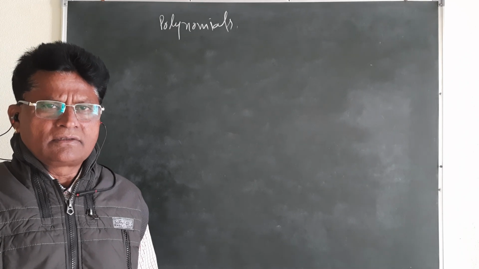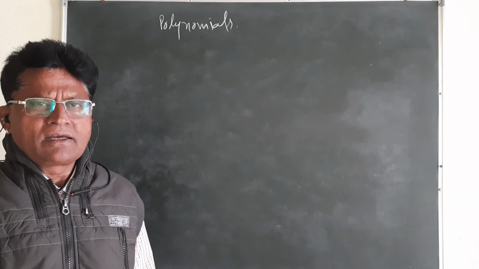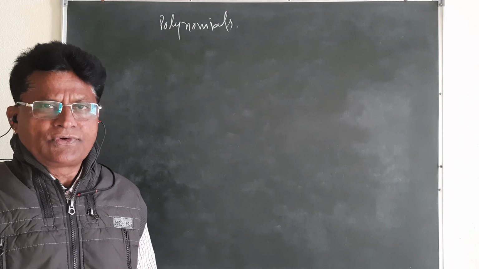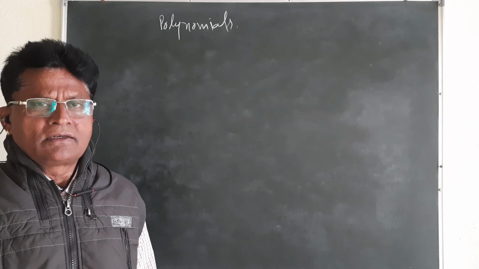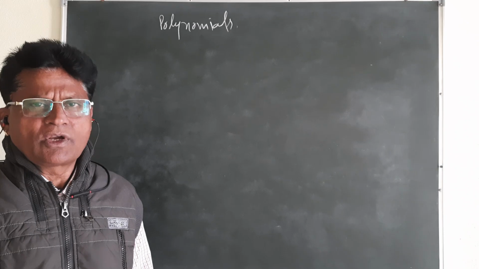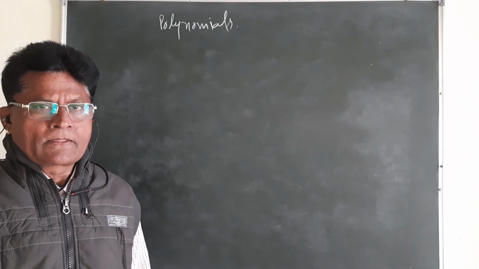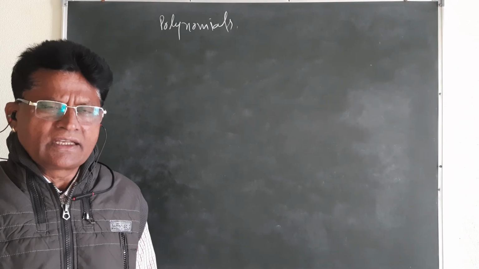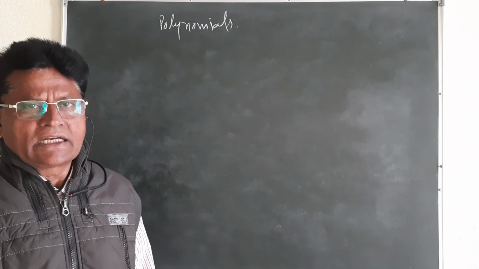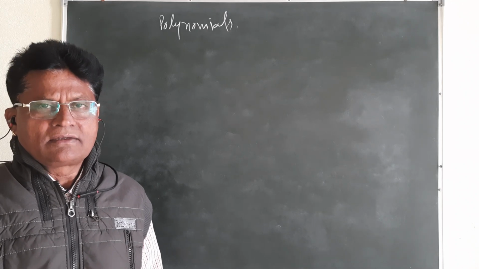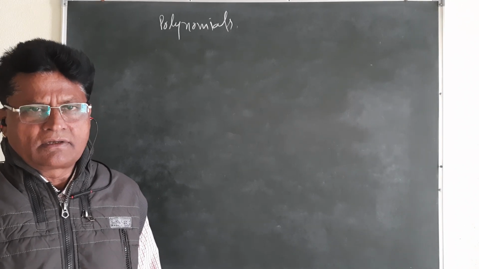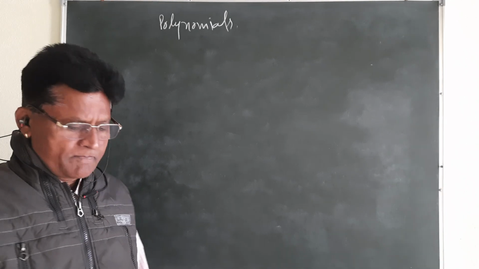That is why you must keep in mind, see the graph, and accordingly give the answer. The number of zeros, because generally the question asks related with the graph of the polynomial in different types of examination.